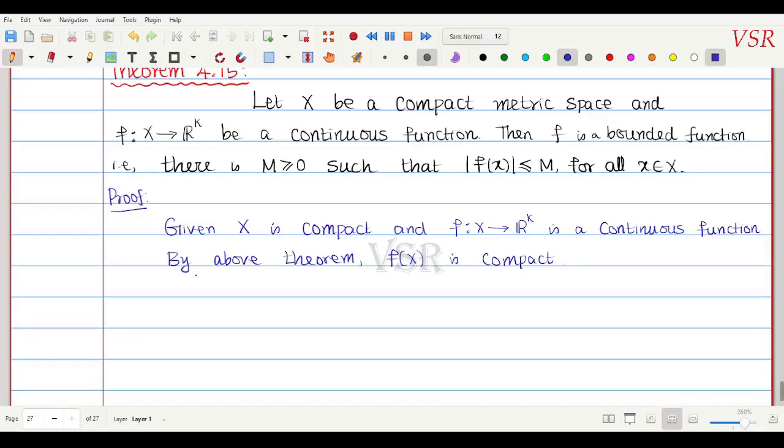And we know that every compact metric space is closed and bounded.